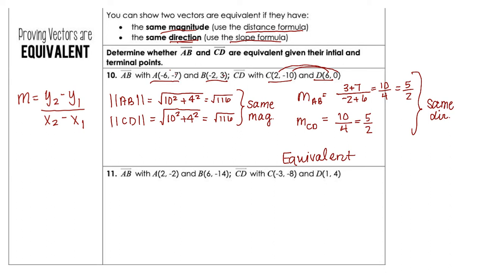Okay, so for number 11, get my pen to write. The magnitude for AB, you should have gotten square root of 160. And if you typed in that decimal, that's okay. And then for the magnitude of CD, square root of 160 as well.